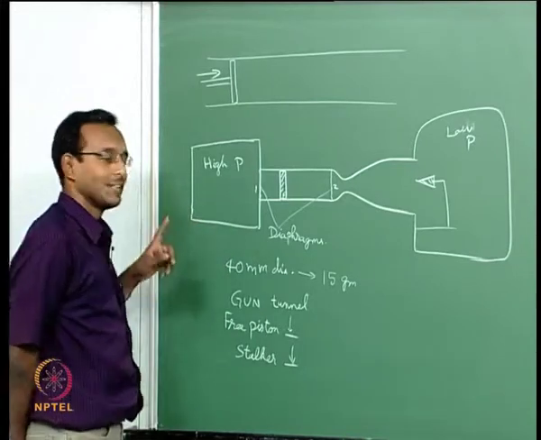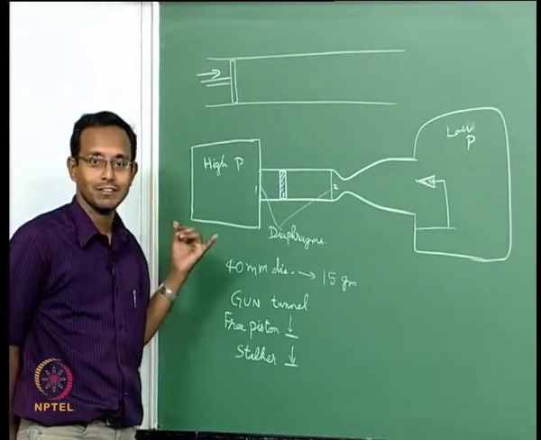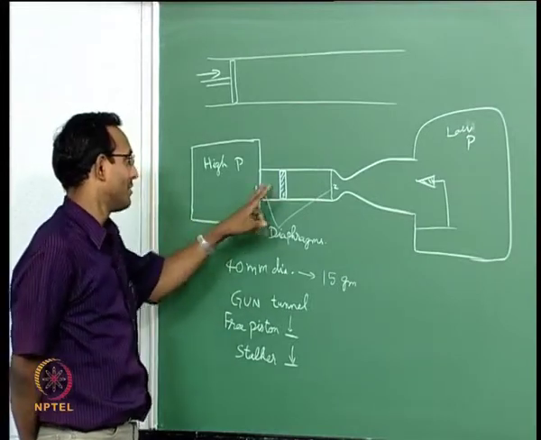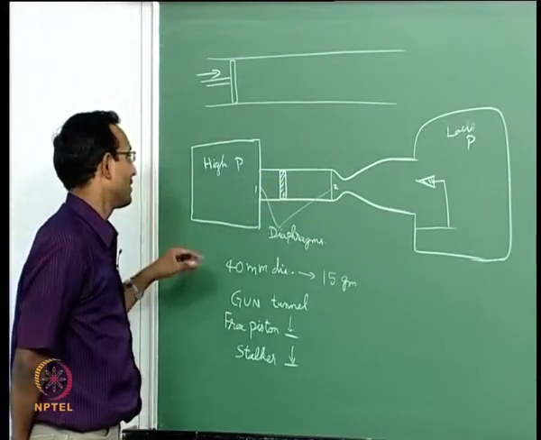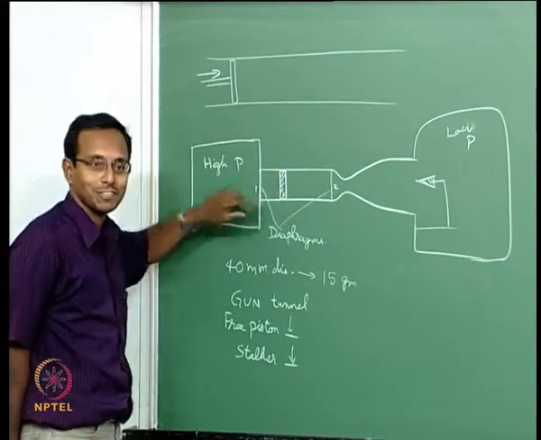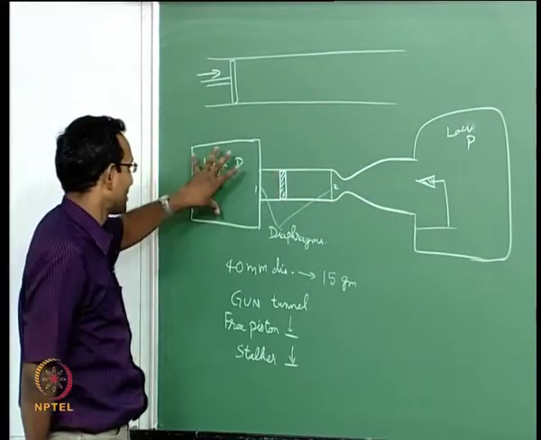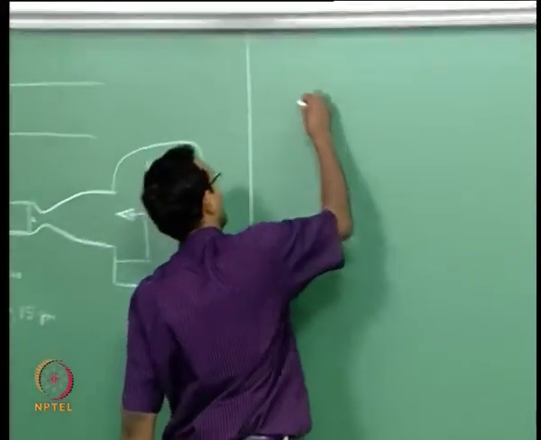Initially, last class, we discussed only a pressure difference causing the flow. Then we said a moving piston can cause the pressure difference. Now, I am saying combustion can cause the pressure difference. I do not need to have a piston if I think about it. I can just have, let us draw that picture again, a combustion driven reflected shock tunnel.